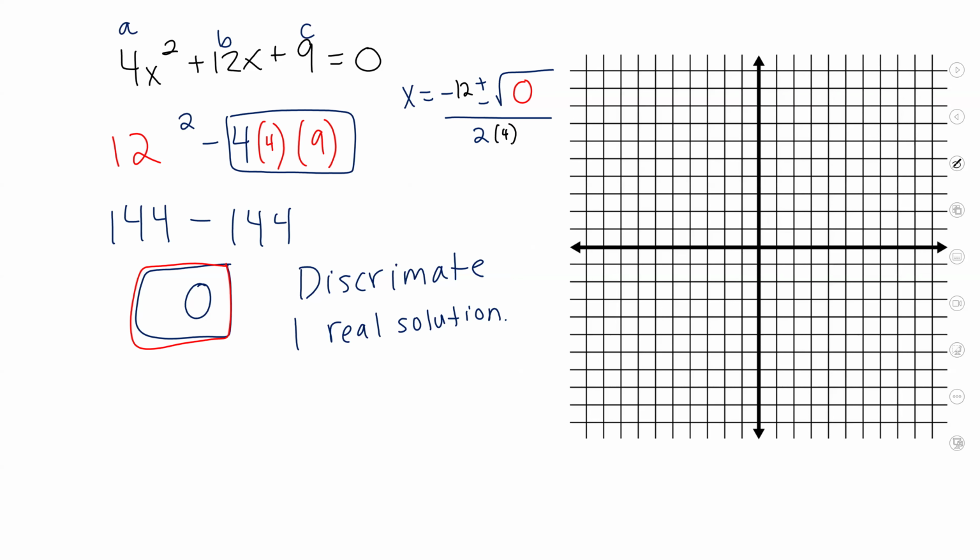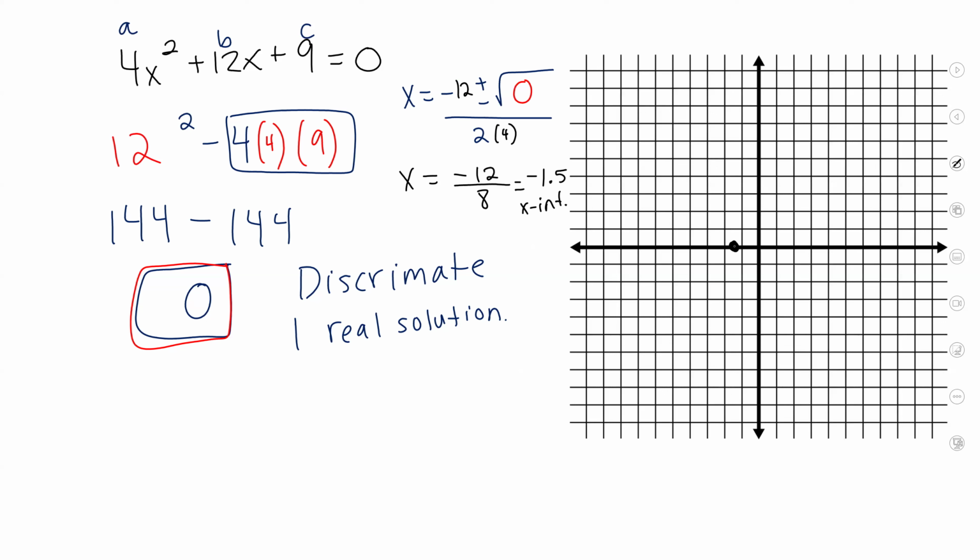Okay, so let's see what this simplifies to. Negative 12 divided by 2 times 4 is 8. Guys, what's negative 12 over 8? Yep, negative 1.5. So guys, that is where your x-intercept is. You only have one x-intercept and it's at negative 1.5 right there.